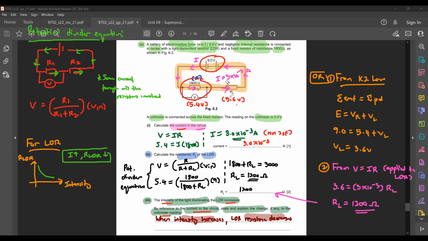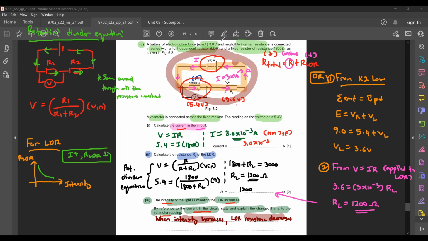So when resistance of LDR decreases, what happens to the total resistance of our circuit? Because you can see from here, R total is actually the sum of the resistance of our fixed resistor and the resistance of our LDR. So if this one is fixed, or rather constant, but this one is decreasing, our total resistance obviously will have to drop.